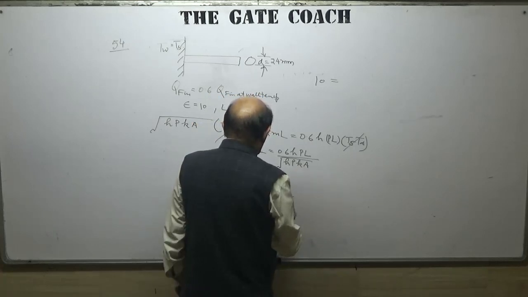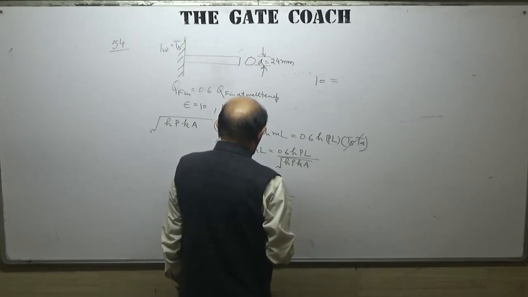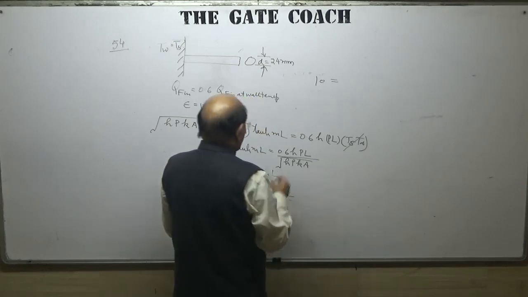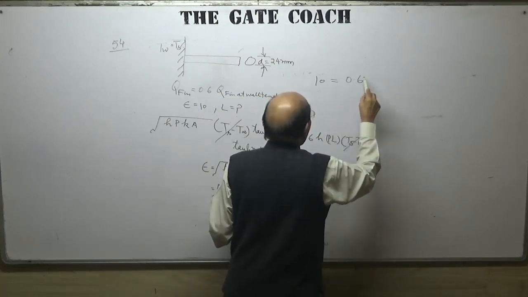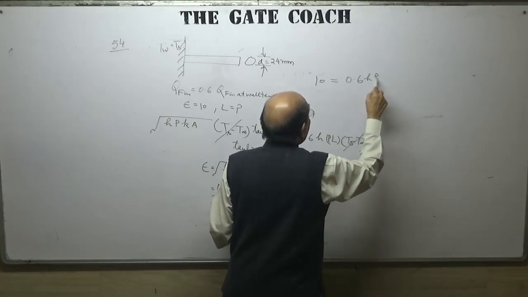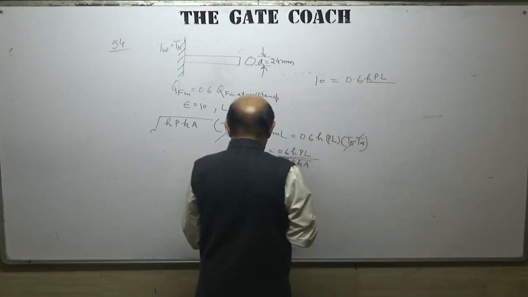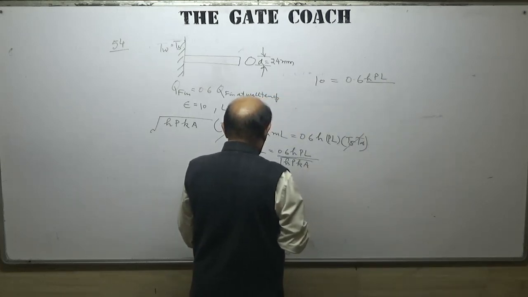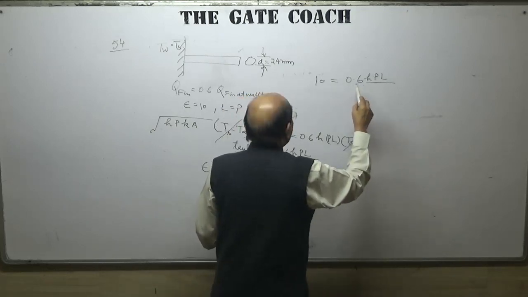This Pk and Pk gets cancelled. It becomes 0.6 hPL upon under root of hA.